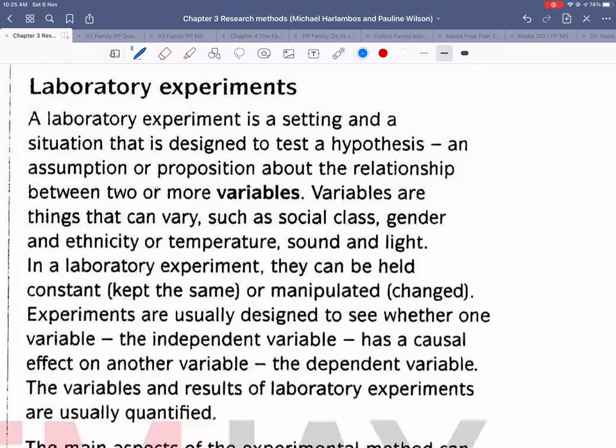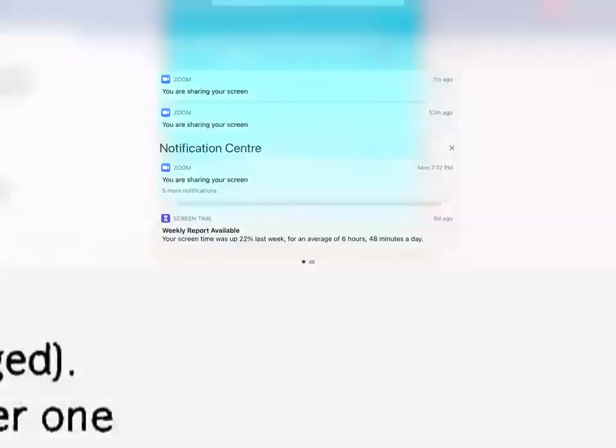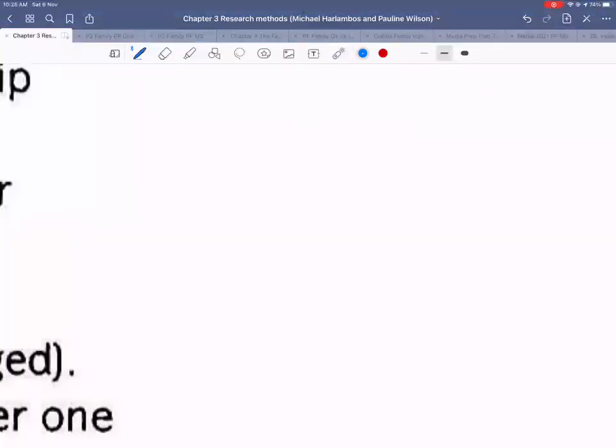Let's just say we want to conduct an experiment. I'd like to use this space here. Now we're talking about an experiment.